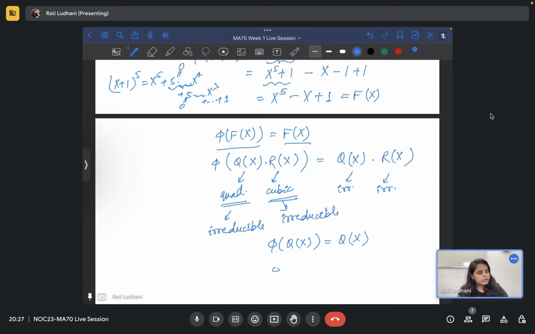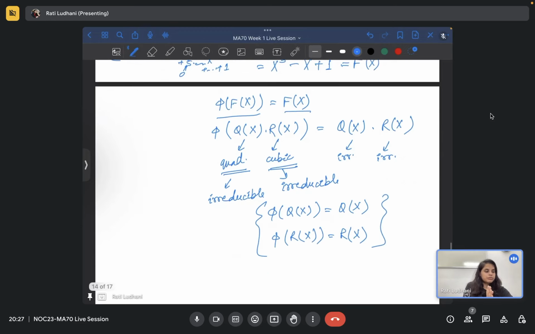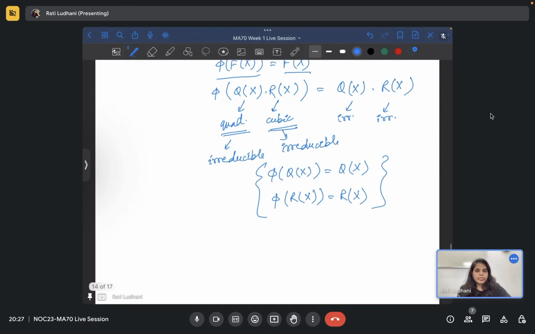So phi will map q(x) to q(x), and phi of r(x) has to map to r(x), because these are irreducible, so you cannot get some multiple. And phi fixes degree, okay?